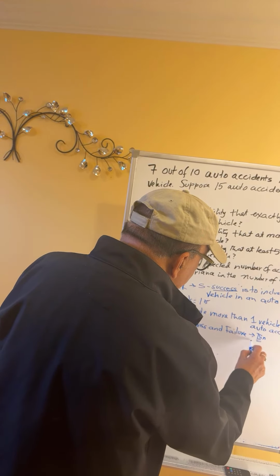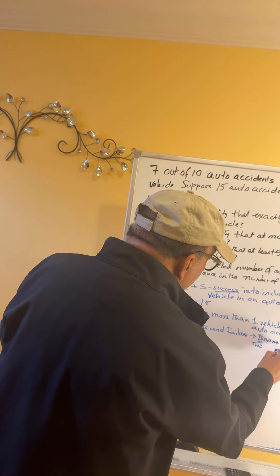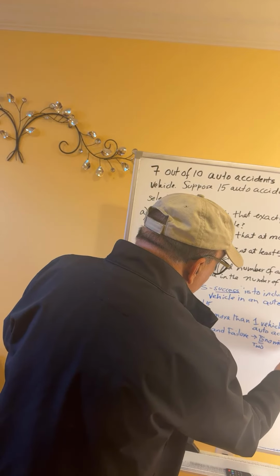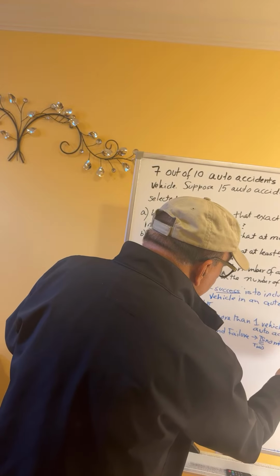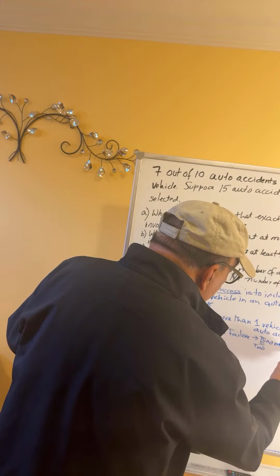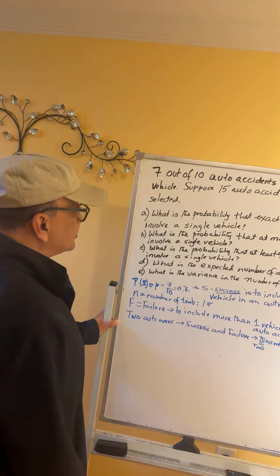Bi means two outcomes possible, success and failure. So this is a binomial probability situation.